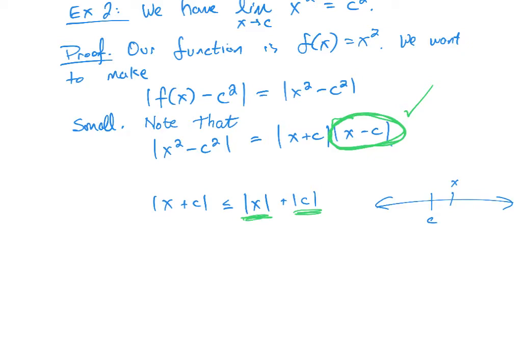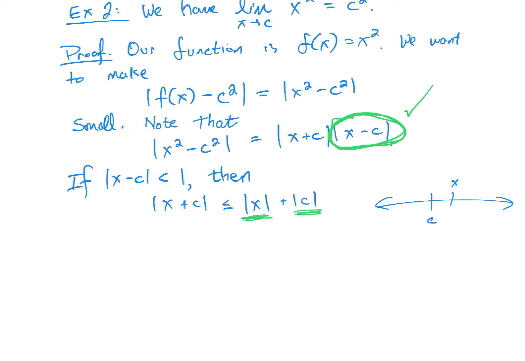Okay. Here's one way to do it. There's a couple ways to do it, but if x is within 1 of c, then that would correspond to having a delta equal to 1, okay? And at the end of our proof, we'll just say we want delta to be always less than 1.